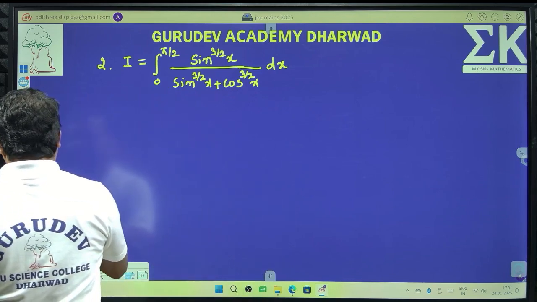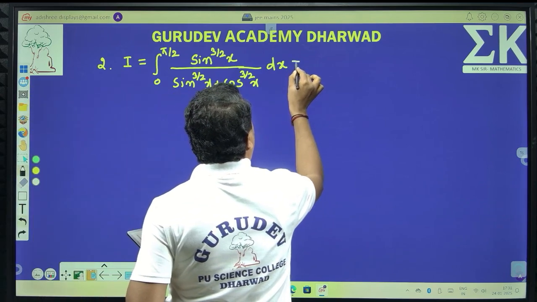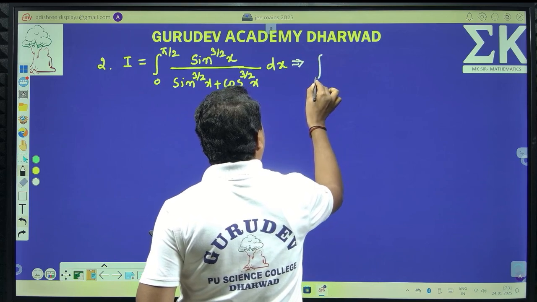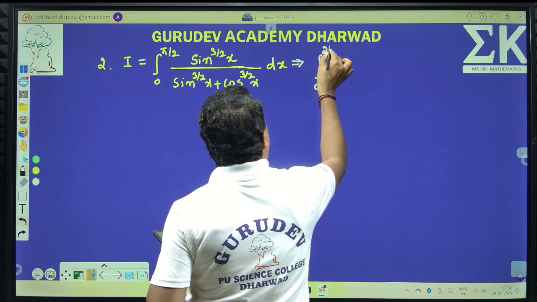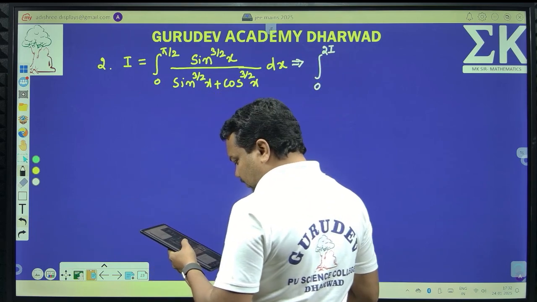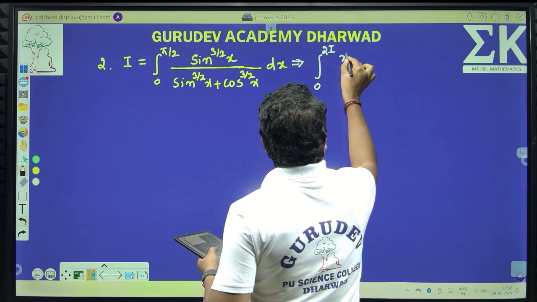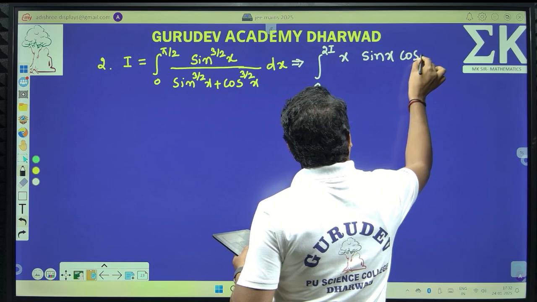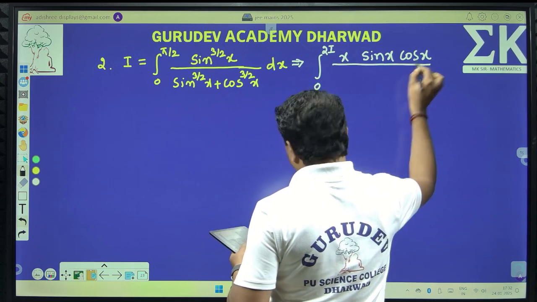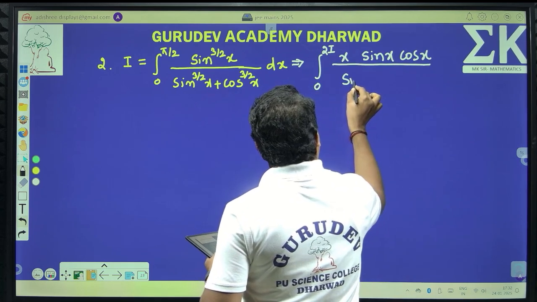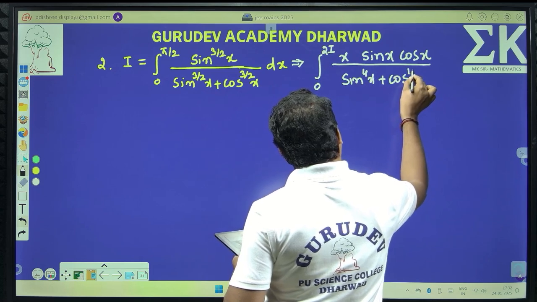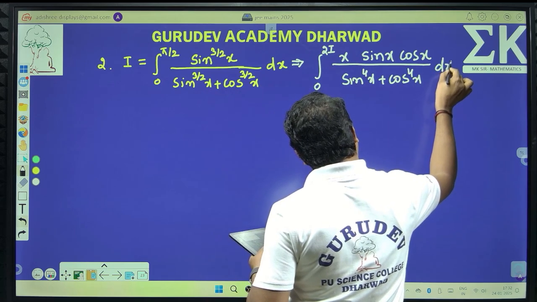Then find the value of the integral from 0 to 2 pi of x sin x cos x divided by sin raised to 4 x plus cos raised to 4 x dx.